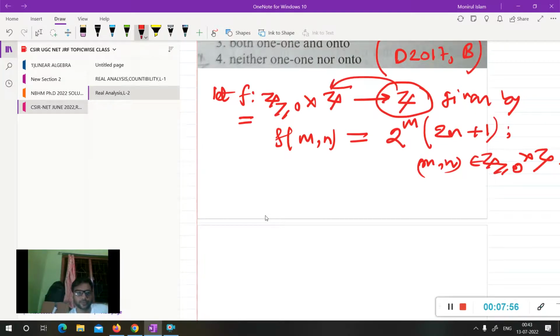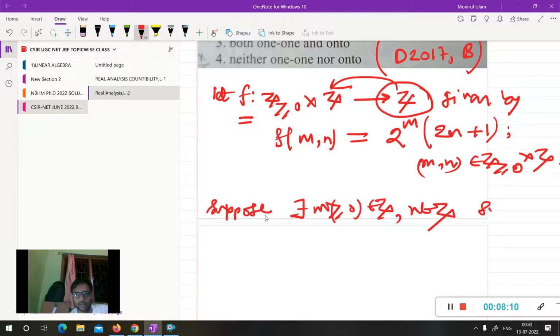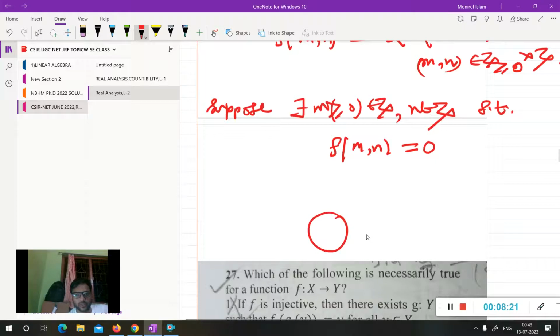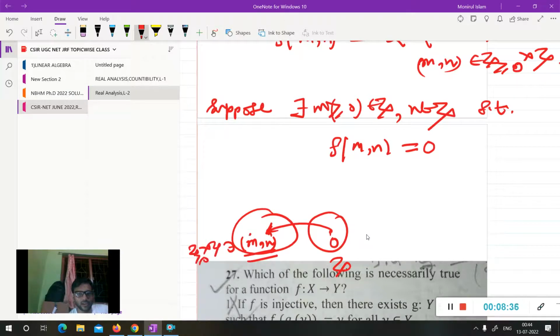Suppose I assume there is m non-negative integer and n an integer such that f(m,n) = 0. I am checking whether 0 in the codomain has a preimage. So m belongs to the set of non-negative integers, n belongs to the set of integers, and (m,n) is a preimage of 0.